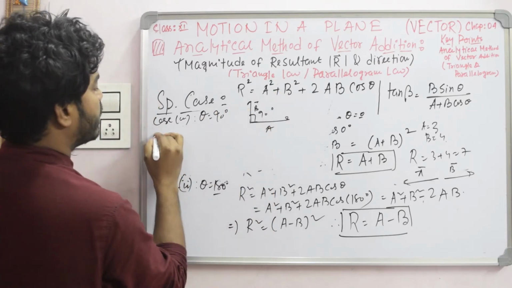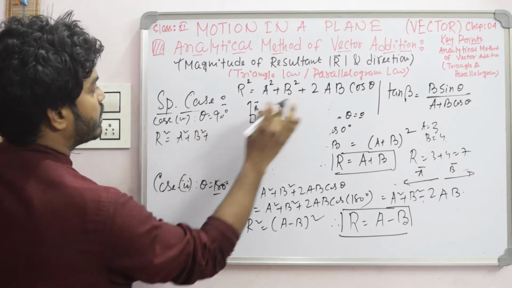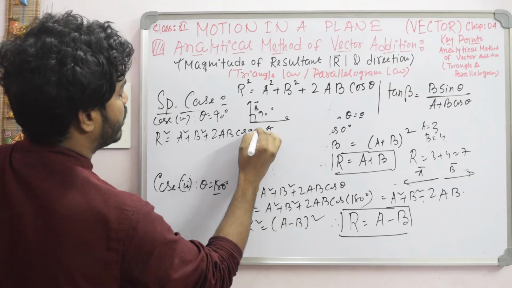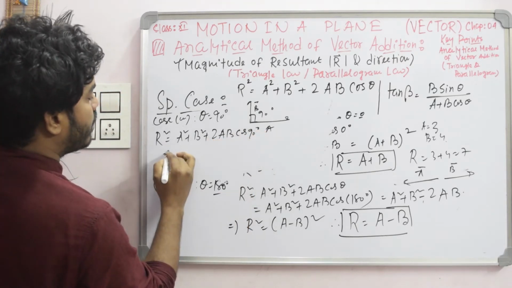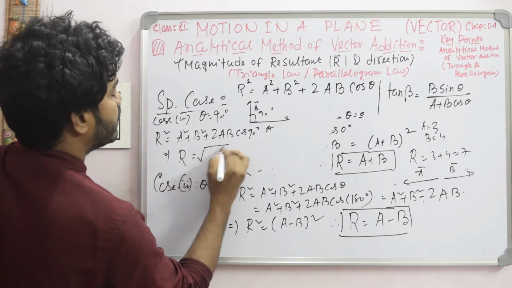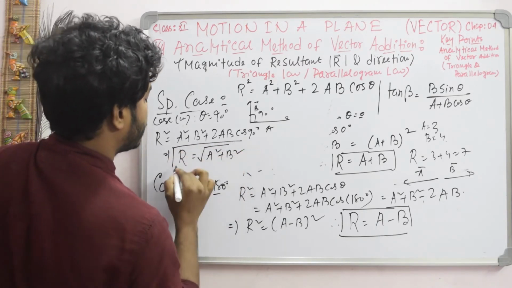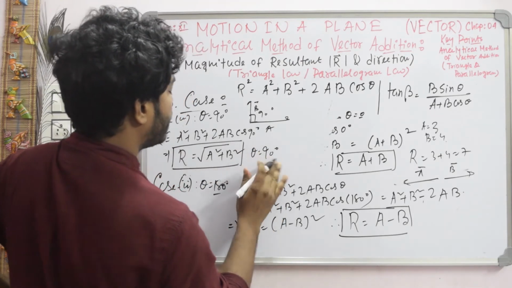So use this formula, R square is equal to A square plus B square plus 2AB cos 90. You know the value of cos 90 is 0. So this term gives 0. So what is the value of R? That is root under A square plus B square. This is our third condition, and it happens when theta is equal to 90 degree.